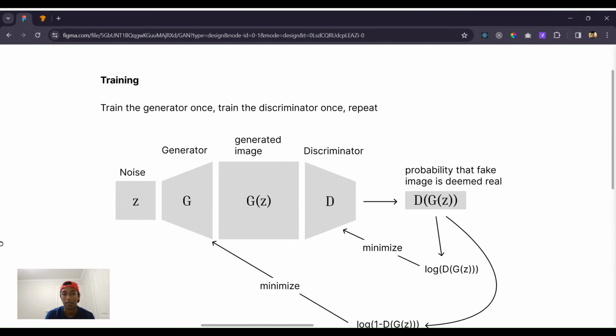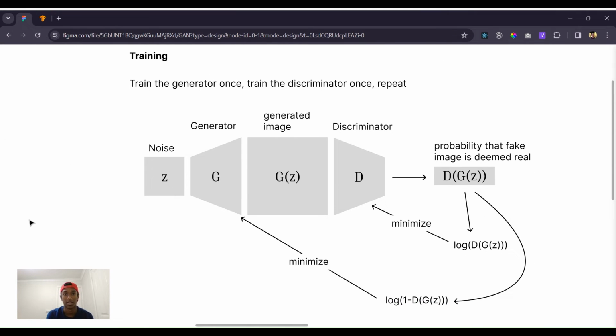That's how neural networks learn, through minimization. We rarely use maximization. So we just need to reframe this so that we can implement a minimization. The discriminator wants to minimize the log of this, and for the generator, what we do is take 1 minus this. If this is the probability that the fake image is deemed real, 1 minus this is the probability that the fake image is deemed fake, which the generator doesn't want. So we want to minimize that.